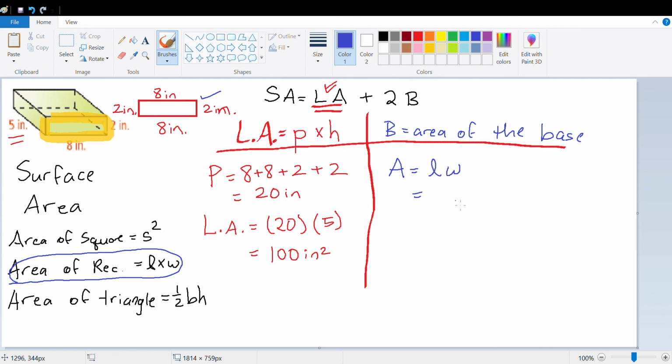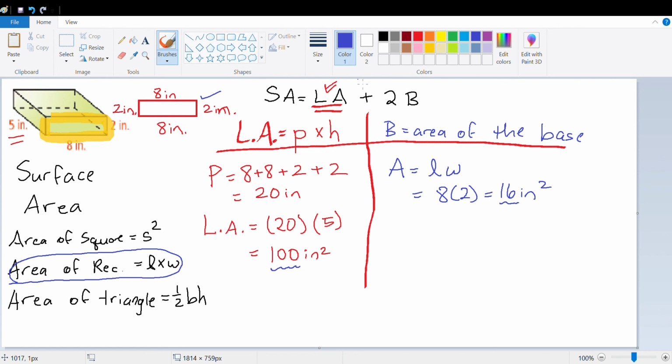If they're next to each other, we're multiplying them. So the length is 8 times 2. 8 times 2 is 16 inches squared. Okay, so now I have what B is equal to, the area of the base. It's going to be 16, and we have the 100 for the lateral area.